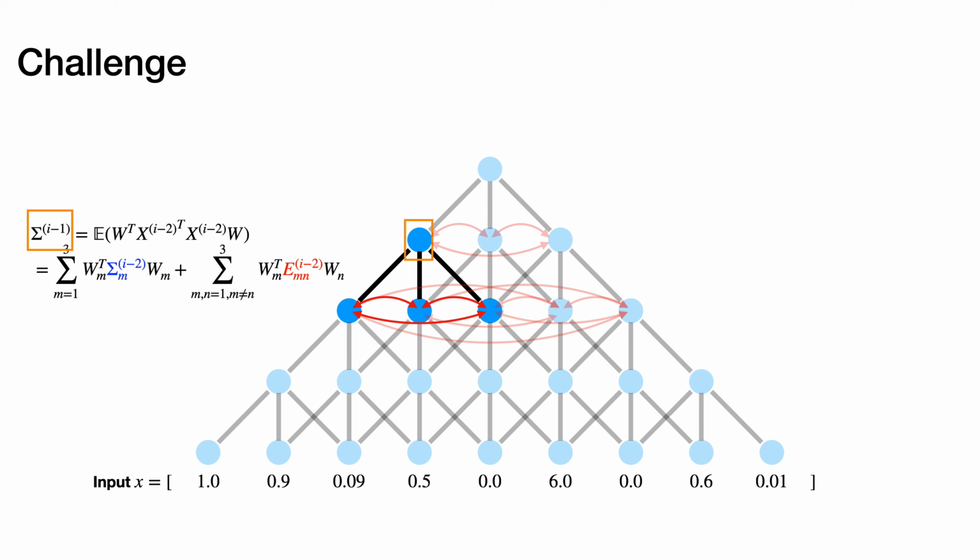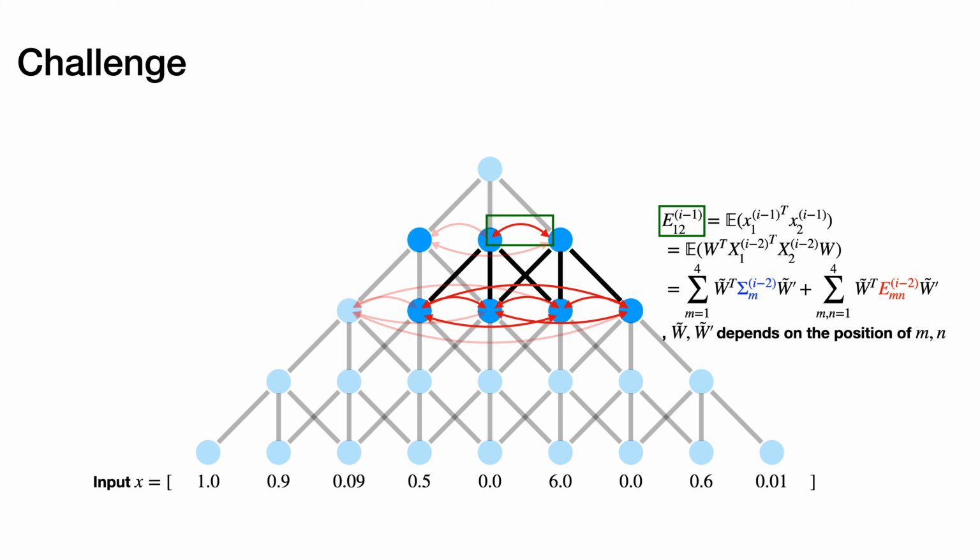Continuing this computation in the second last layer, to compute the sigma i minus 1, highlighted in the orange box here, it will require computing 3 covariances and 3 cross-correlation terms in the third last layer. But the cross-correlation term in the second layer, highlighted in the green box here, will require 4 covariance matrices and 6 cross-correlation terms in the third last layer.